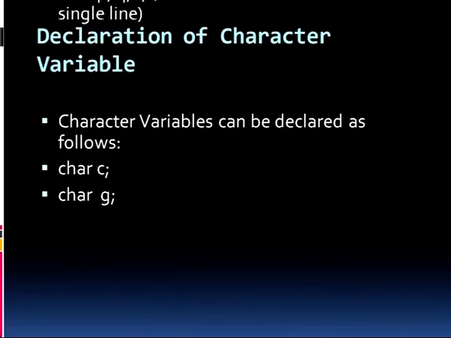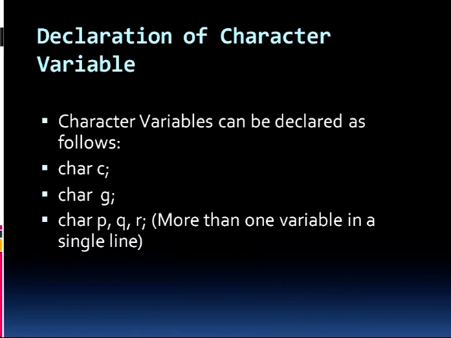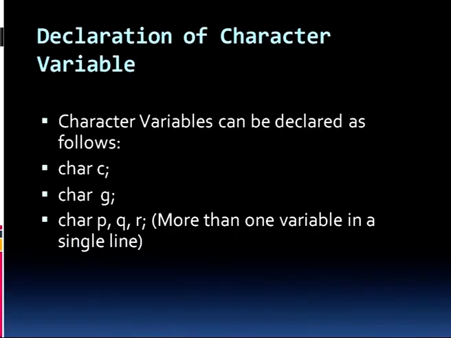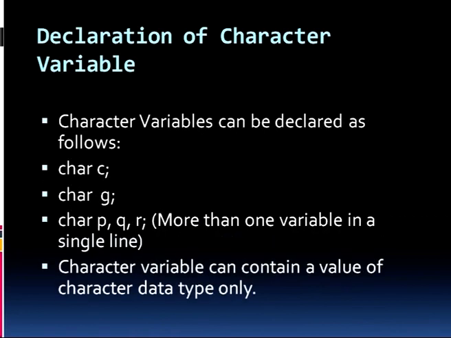This statement declares three variables p, q, r of type character. You should notice that while declaring multiple variables on the same line, the names of the variables should be separated by comma, and the type declaration statement is terminated by semicolon. Character variable can contain a value of character type only.